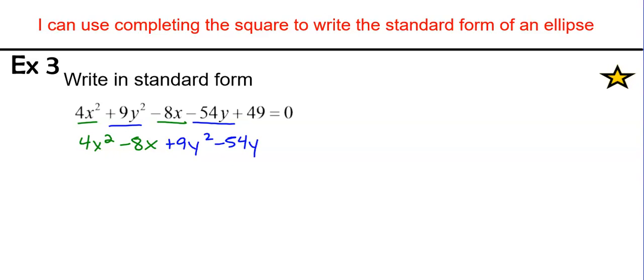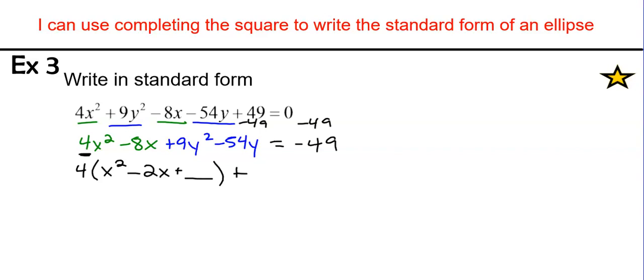And right now I am also going to get our 49 to the other side, so equals -49. Then we're going to factor out the leading coefficient. We take a 4 out of the first group, which leaves us with x squared minus 2x, and I'm going to leave my blank right here for now. Then I do that for the second group.